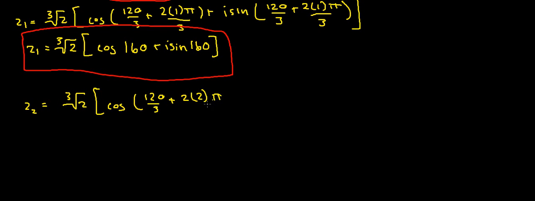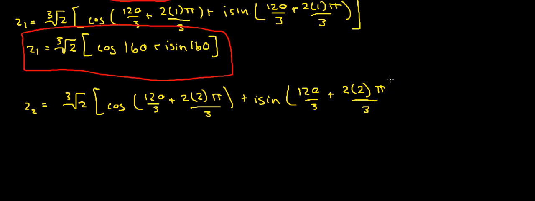Okay. Two times 2 is 4, 360 divided by 3, 120.